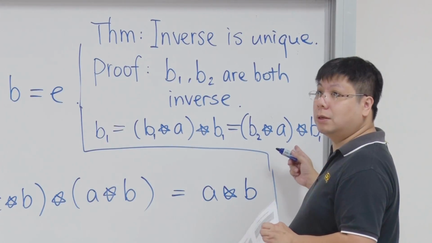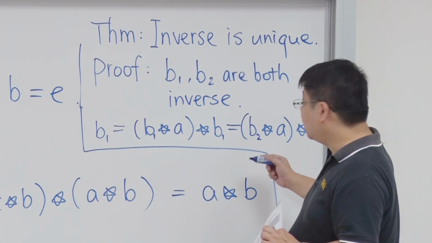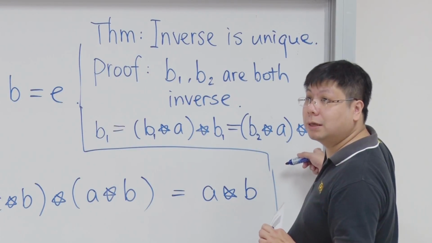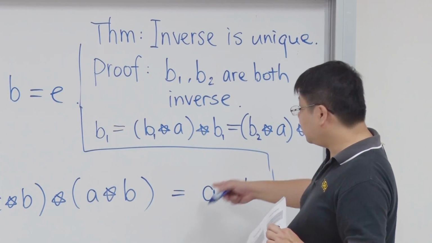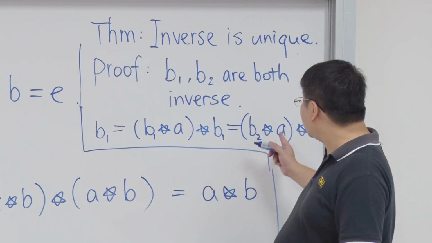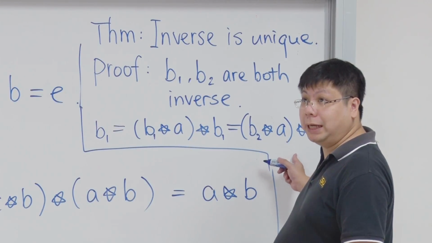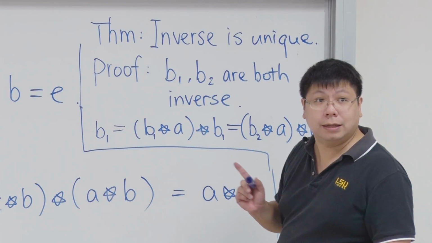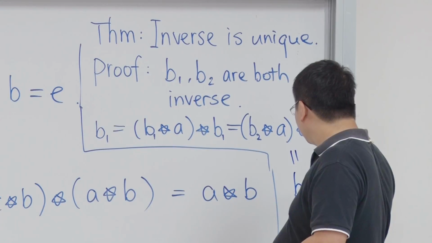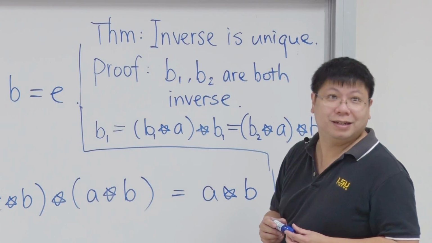On the right-hand side, you use the associative property, so you have B2 multiplied with A B1. Now, we have shown that if something is a left inverse, then it is also a right inverse. So it is going to be B2 multiplied with E, and E is the identity. So this is going to be equal to B2. That's it.